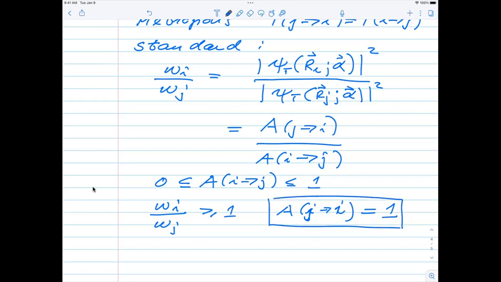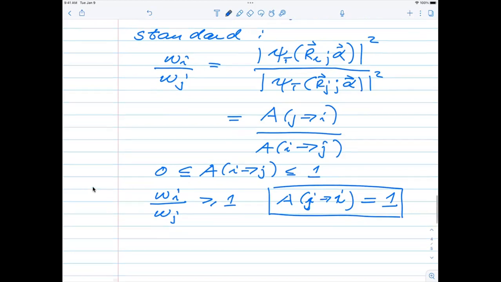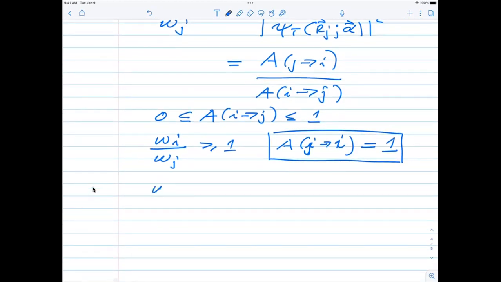You can have other sampling rules. That's possible, but this has been demonstrated to be the most efficient one. Then, if you take the other approach, if Wi over Wj is less than 1 but larger than or equal to 0, then we put the reverse probability of i going to j equal to the maximum value.